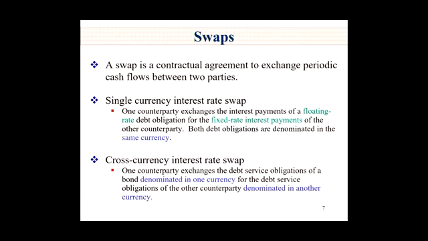A cross-currency interest rate swap is where you have a swap between debt obligations in different currencies. All right, so you might swap an Australian dollar debt for a US dollar denominated debt. Okay, so that's the basic idea of them.